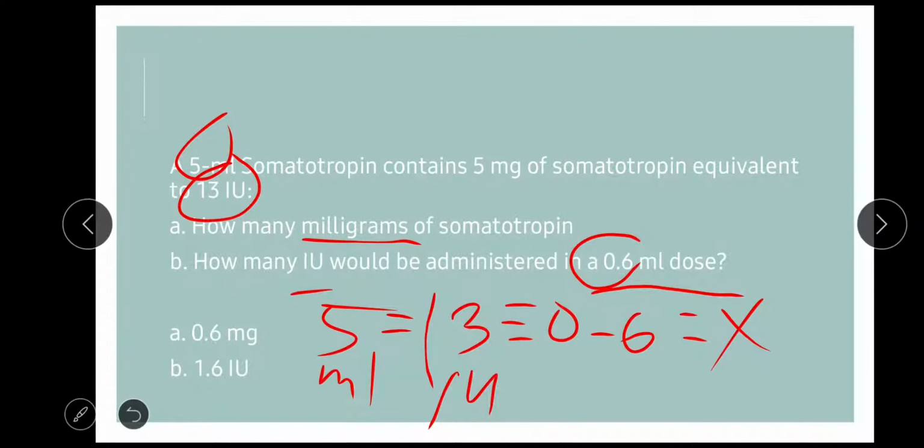To compute, 0.6 times 13, divide by 5 ml, and we get 1.6 IU.